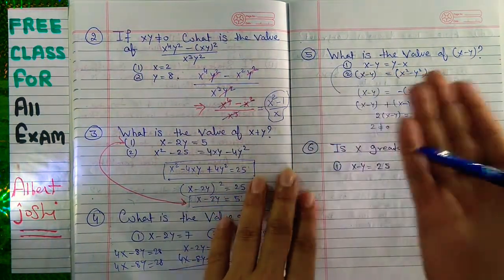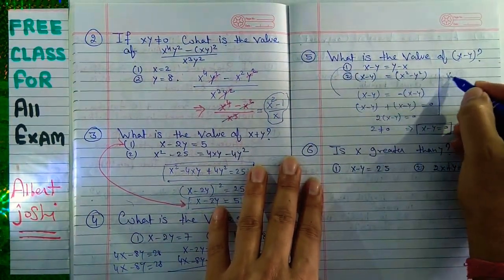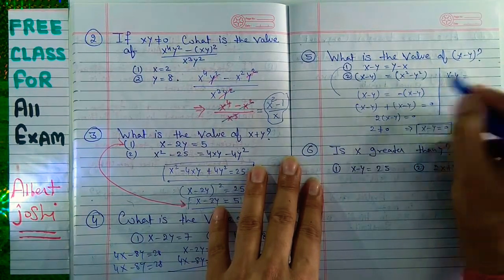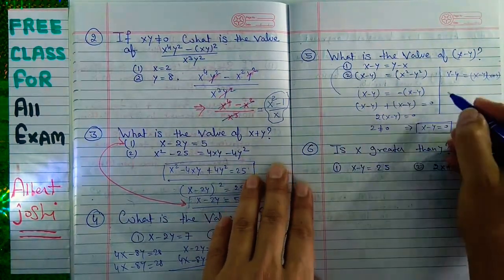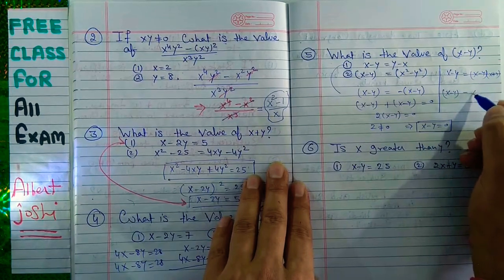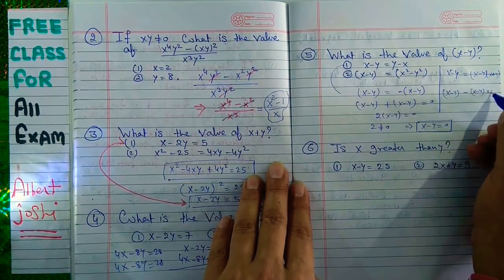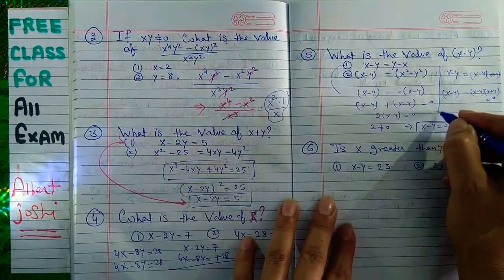Now we will also check this one. So x minus y is equal to x square minus y square, which is (x minus y) times (x plus y). After then, x minus y minus (x minus y)(x plus y) is equal to 0. Now you can take x minus y outside.